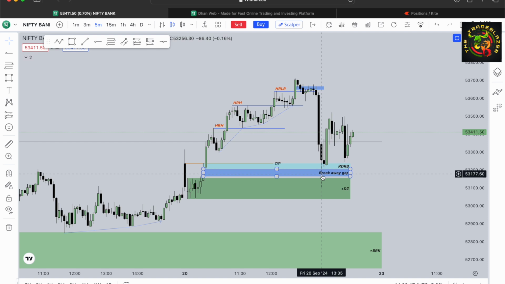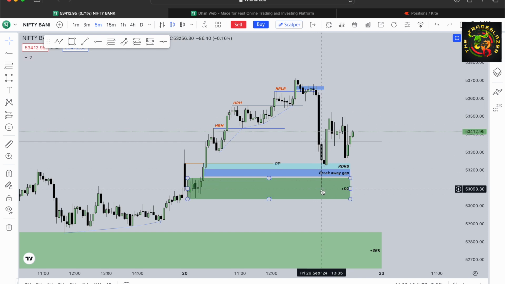You can see here this setup also I have explained many times that if two zones are marked nearby, then if price is penetrating through the first zone, then obviously there is a high probability that the next zone will act as a strong support.